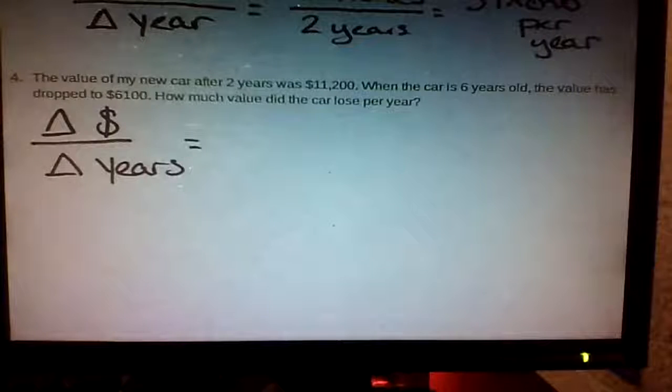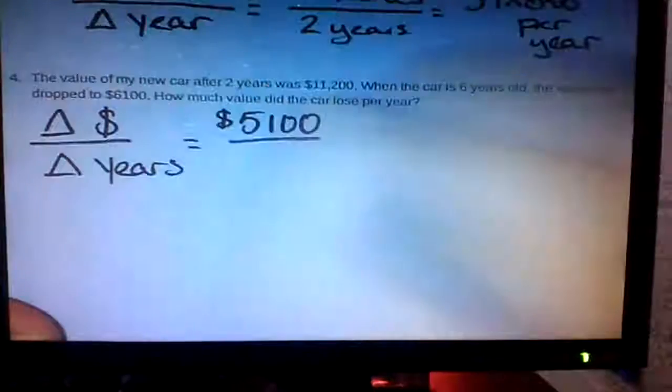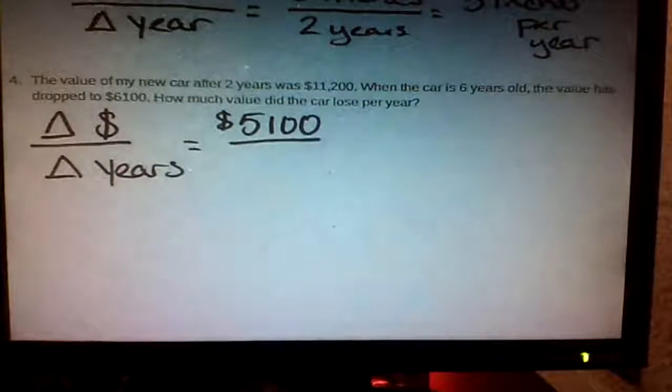It dropped to $6,100. How much money did we lose? $5,100. How many years have gone past? 4.